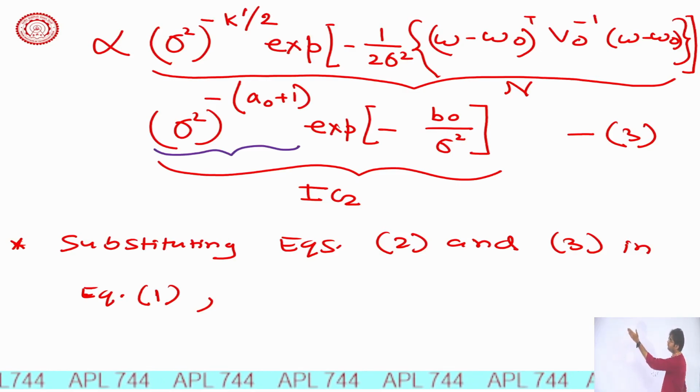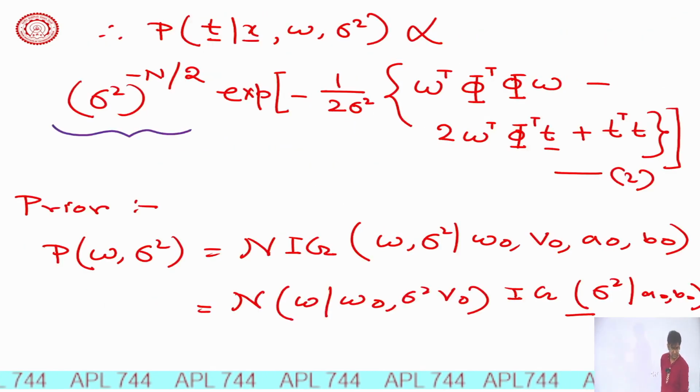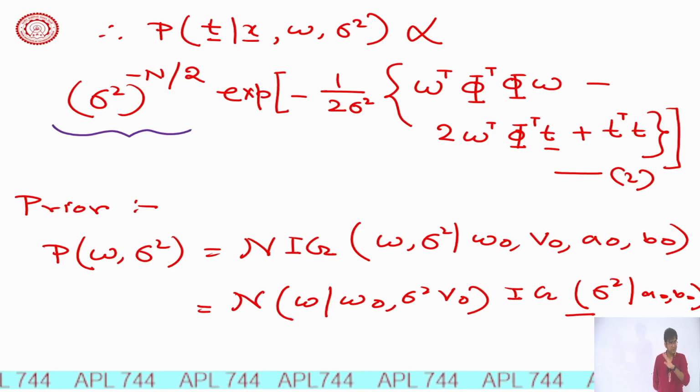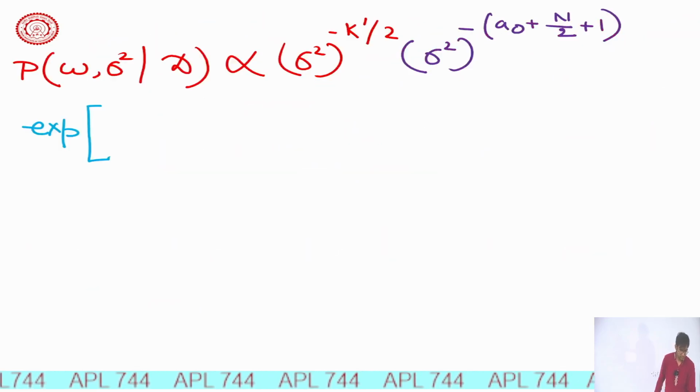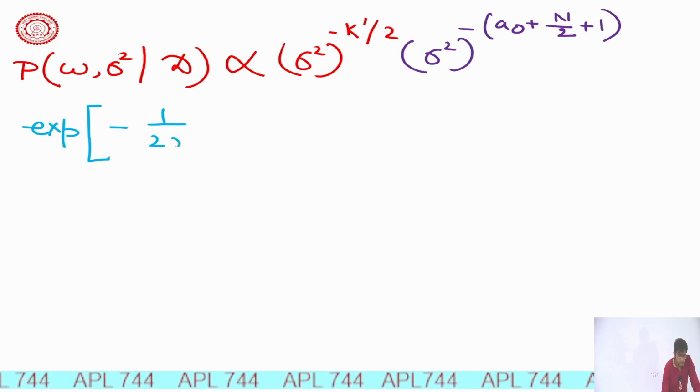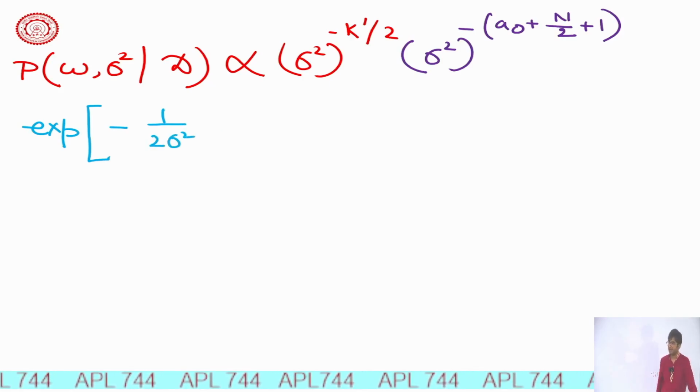Minus 1 by sigma square, minus 1 by 2 sigma square, and minus 1 by 2 sigma square. So this minus 1 by 2 sigma square I will take outside and keep it as it is. B naught will become 2 B naught, that's simple. So minus 1 by 2 sigma square I keep as it is.